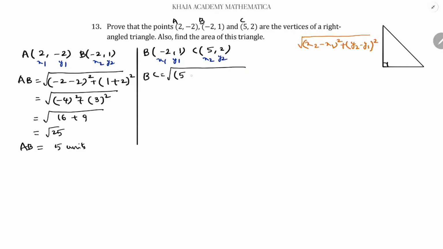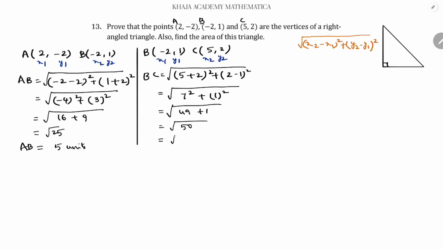Under root, x2 minus x1, 5 minus of minus 2, plus 2 minus 1 whole square. So this is 5 plus 2, 7 square plus 1 square. 49 plus 1, root 50. Root 50 you can write as 2 into 5 into 5, that is 5 root 2 units.